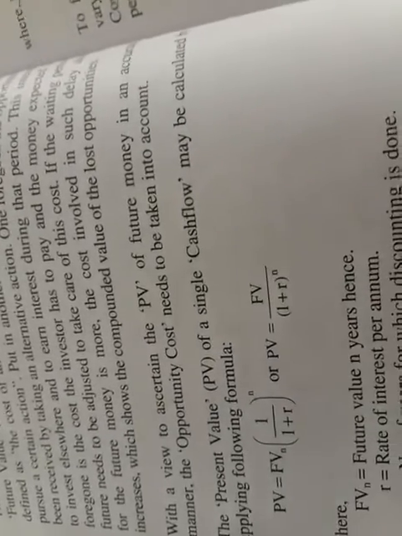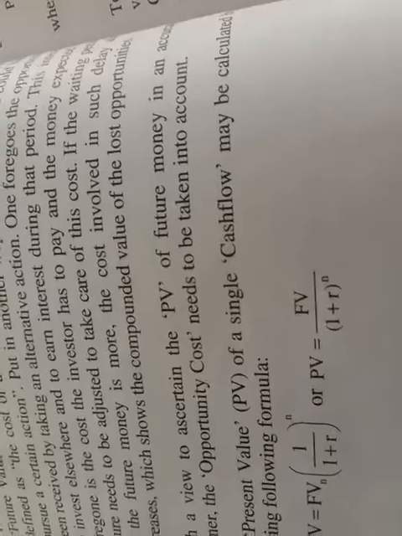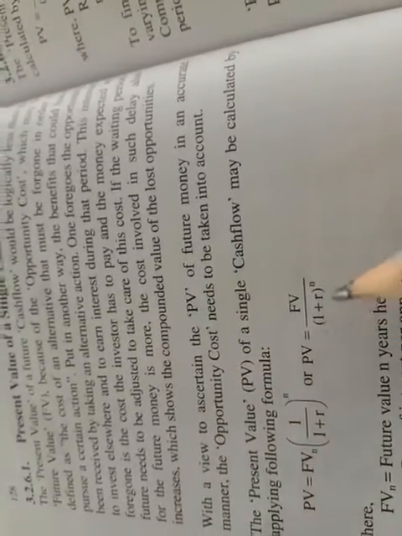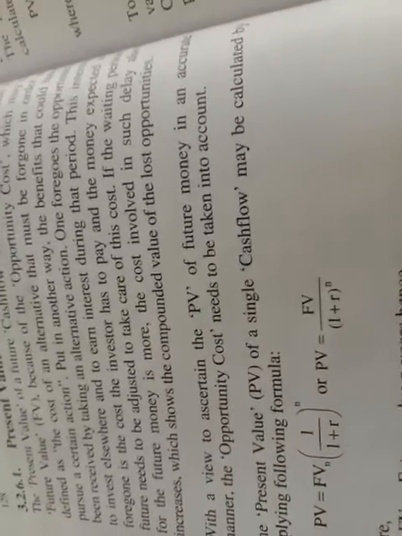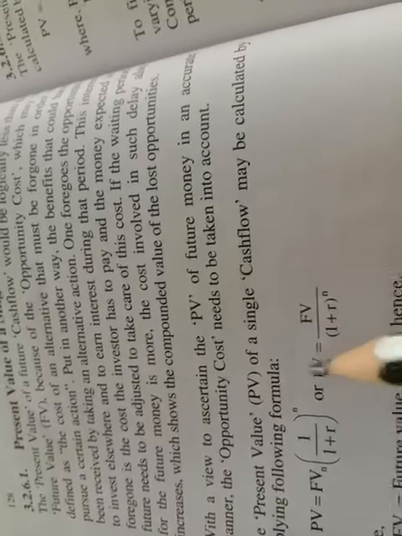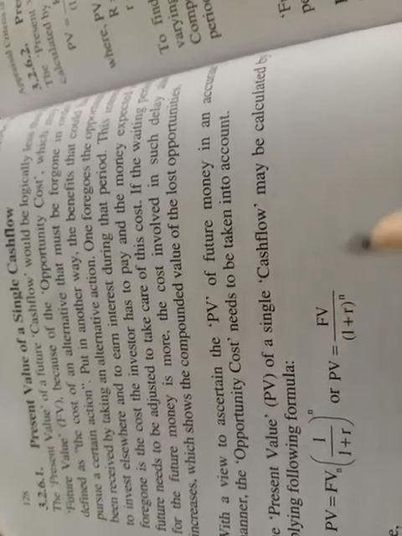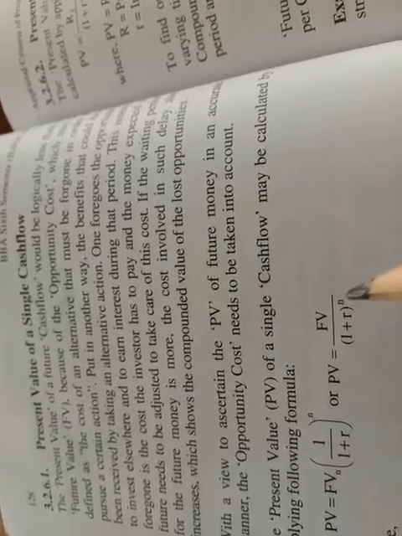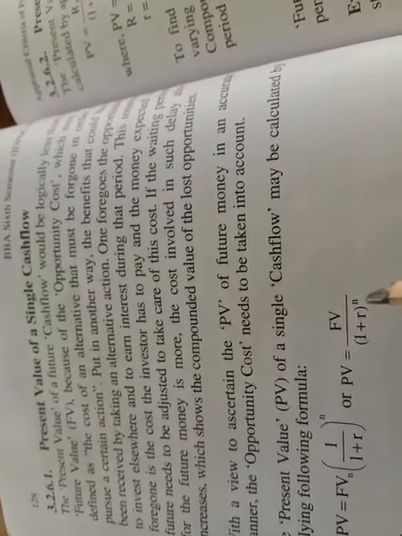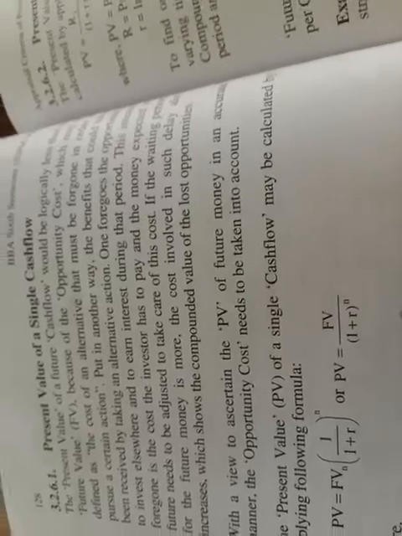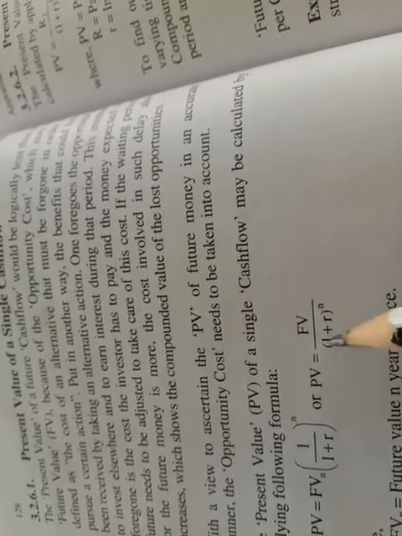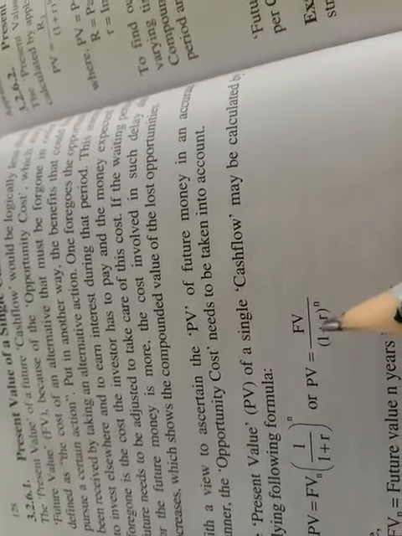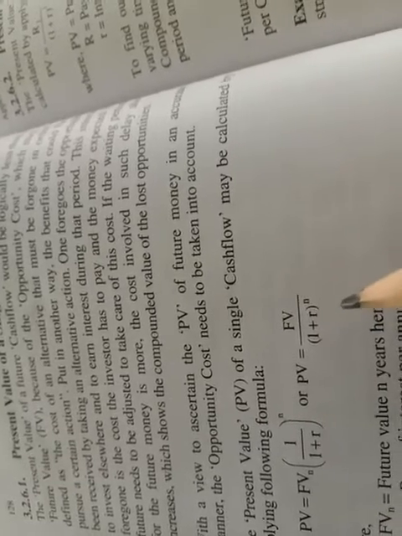You know how to calculate the power of n. Earlier, while calculating the future value, we pressed the multiplication sign twice, but in this case it is divided by, so you have to multiply 2 times and then use this formula.